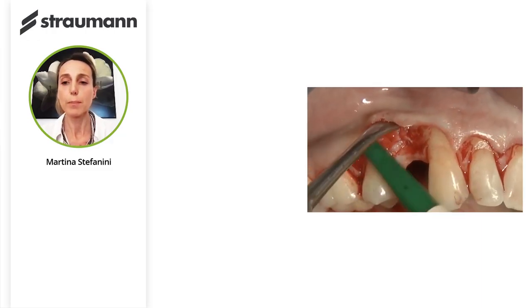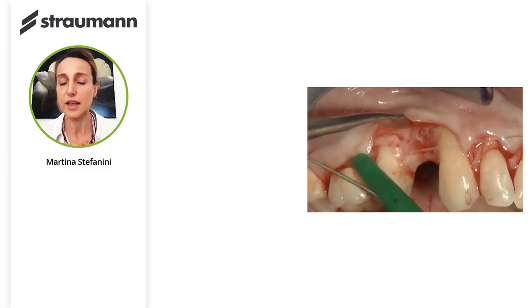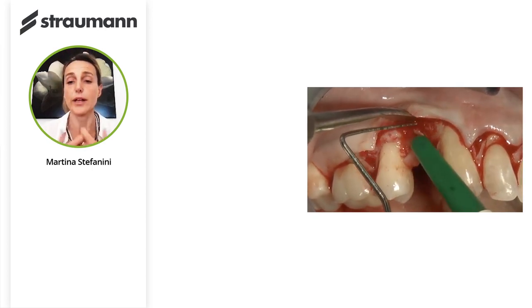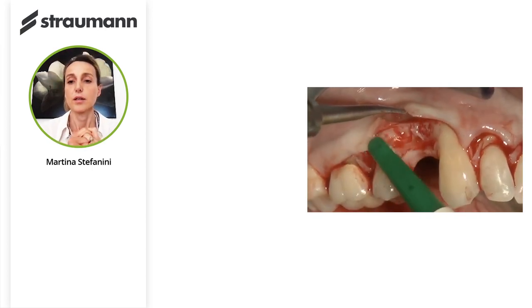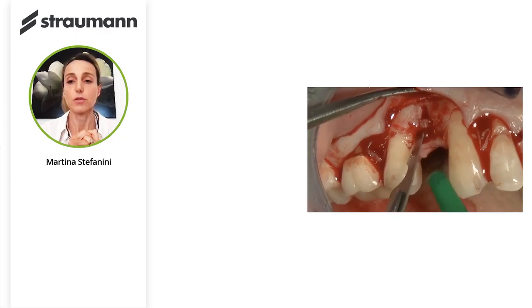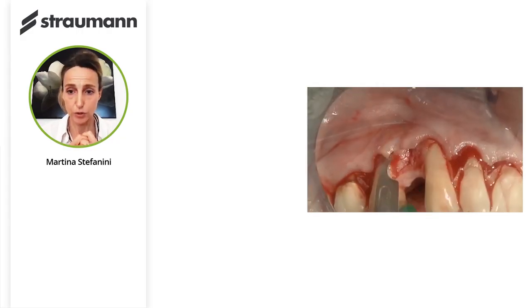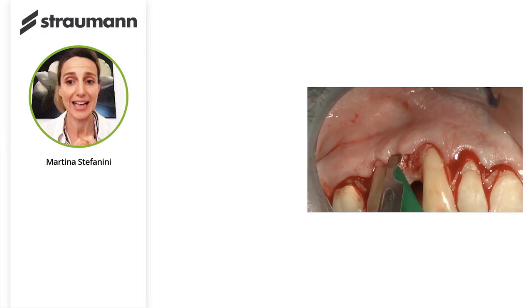Triangular shaped surgical papilla are elevated split thickness, and then we have to elevate the flap full thickness in order to expose the bone to place the implant. Implant placement, as I told you, will be performed guided.